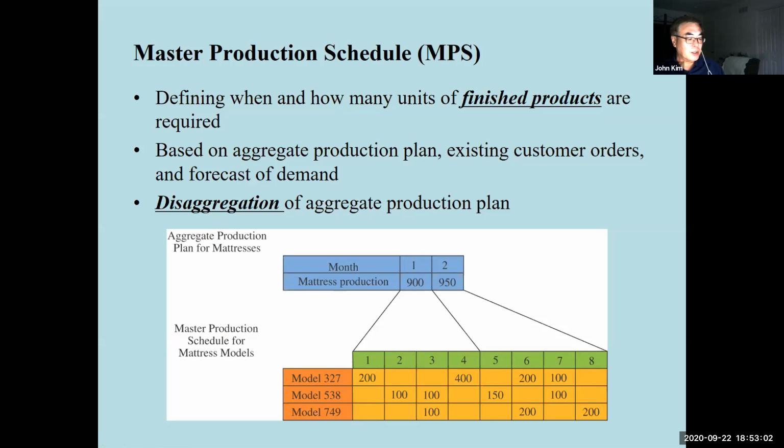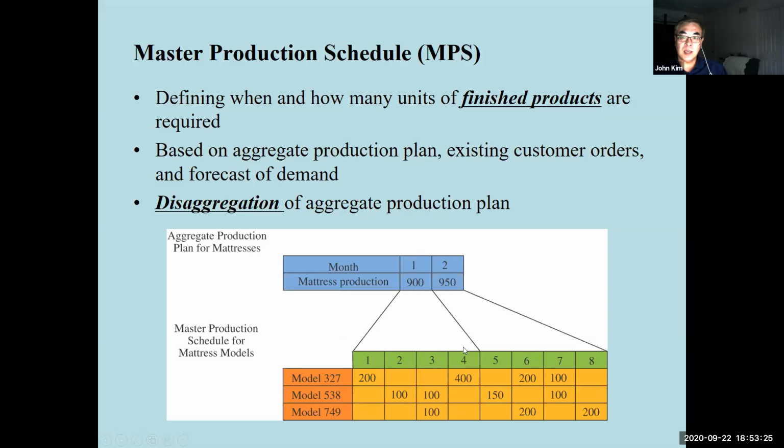The first required file is the MPS, Master Production Schedule. This is the finished product: how many finished products need to be produced? This comes from the aggregate plan, the production plan.